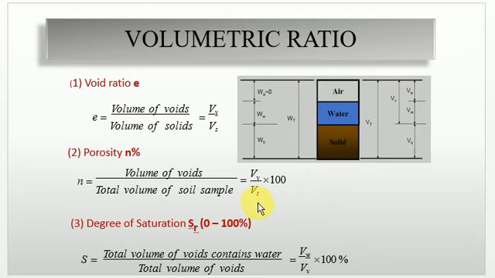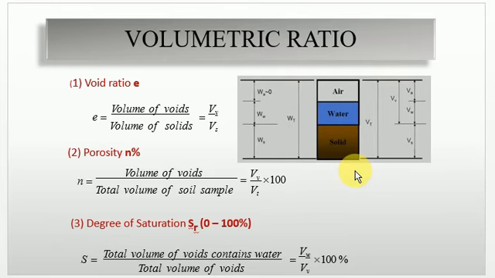Because in the porosity it is a total volume. In total volume there is a volume of solid, volume of water and volume of air. But for the functional use in geotechnical engineering, or soil mechanics, we have to deal with the soil solids only, because total strength of the soil sample is only because of soil solids. That's why we are going to take void ratio instead of porosity.